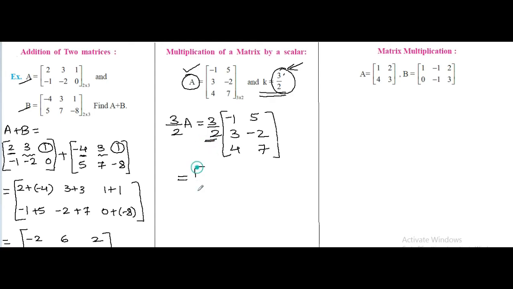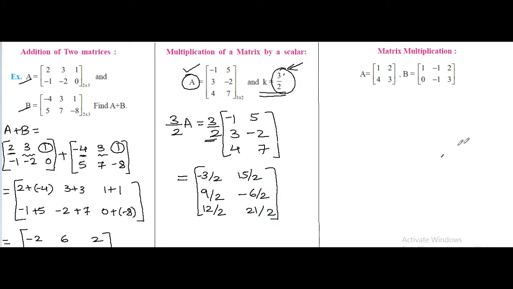So that will give me 3 by 2 into -1, that is -3 by 2. 5 into 3 by 2, that is 15 by 2. Next 3 by 2 into 3, that is 9 by 2. Next 3 by 2 into -2, that is -6 by 2. Next 4 3s are 12, that is 12 by 2, and 7 3s are 21 by 2.